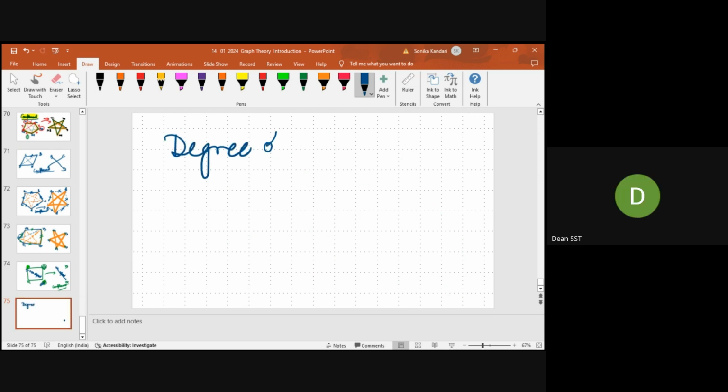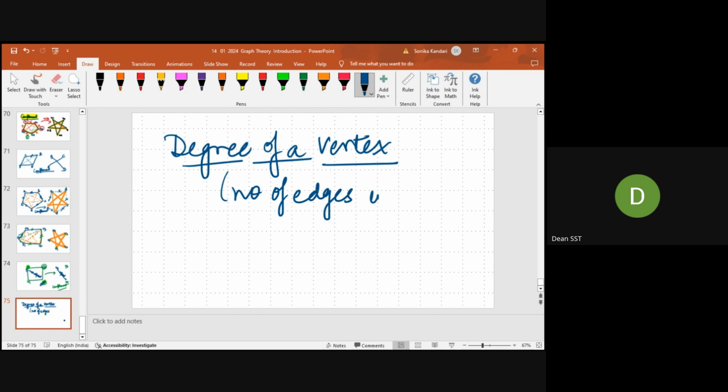What is the degree of a vertex? It is the number of edges connected to that vertex. That is the number of edges incident with x.